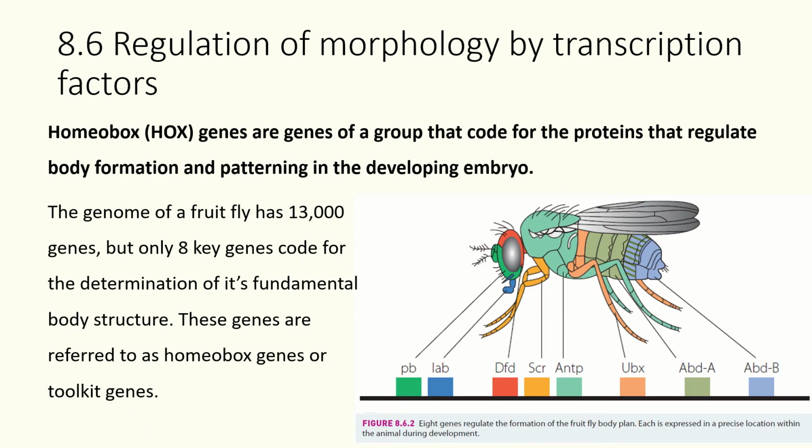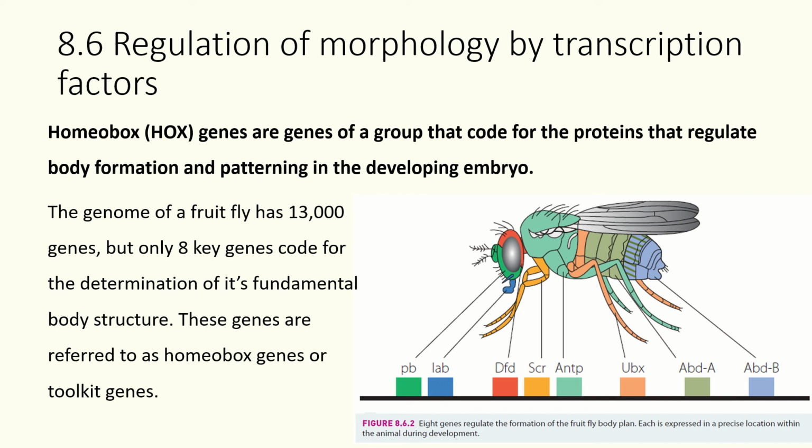So it has 13,000 genes, but only 8 of those genes code for its basic body structure. So we call those homeobox or toolkit genes, HOX genes for short, and they're genes that code for the proteins that regulate body formation and patterning in the developing embryo. So you can see on this diagram here the 8 HOX genes for our flies.